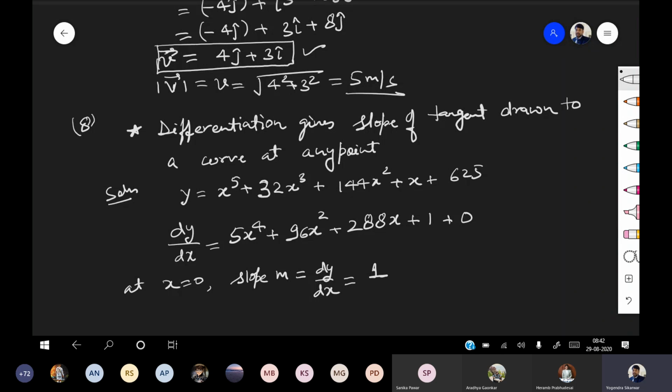So if slope is 1 or tan theta is 1, because slope is nothing but tan theta, that means theta is equal to 45 degree. So the angle made is 45 degree, because dy by dx is slope, and slope is nothing but tan theta. Remember that. Next question.